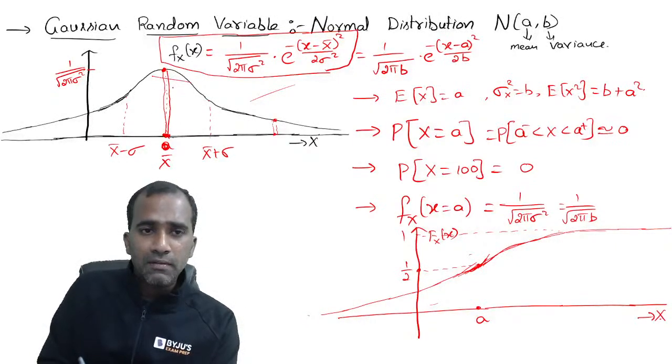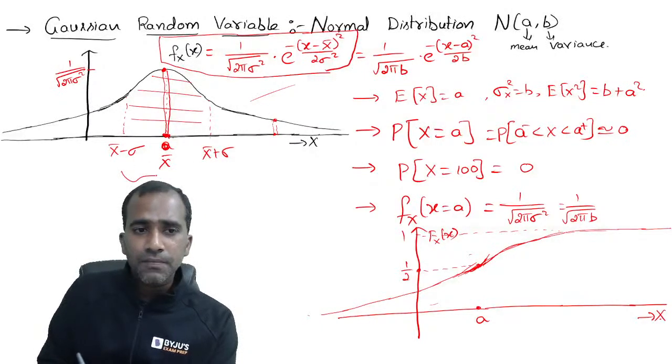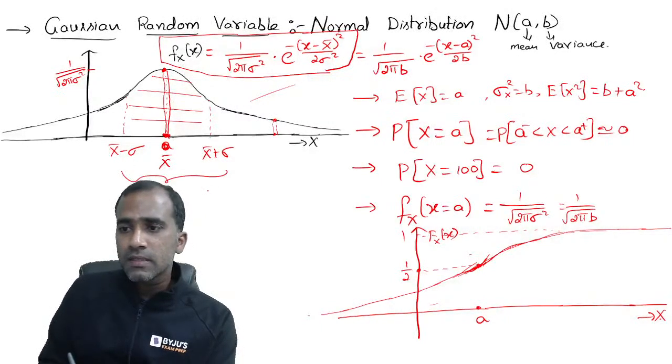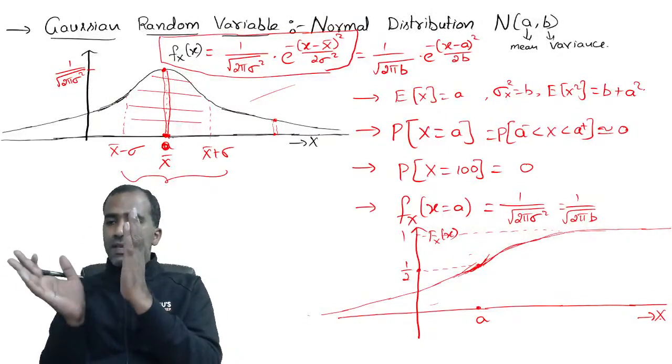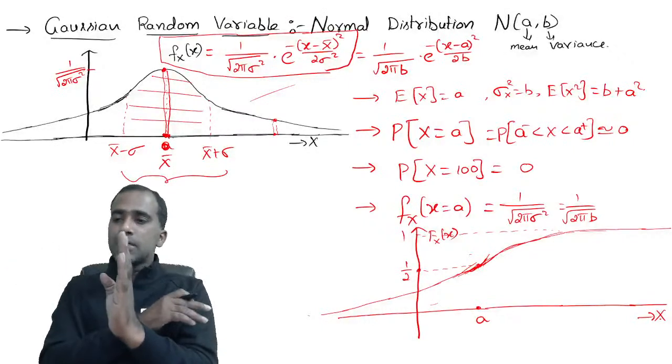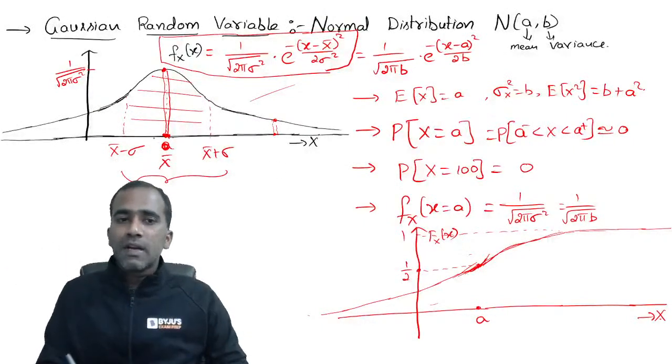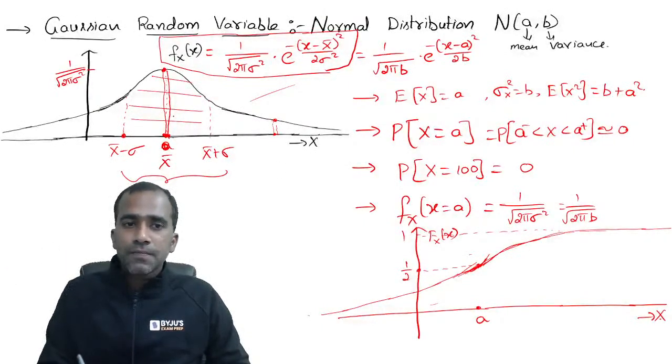I hope you might have learned somewhere what is the area in this region, from x bar minus sigma to x bar plus sigma. From the mean, sigma distance on this side and sigma distance on that side, what is the probability that the random variable takes values in this range?